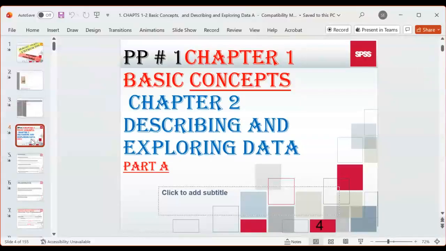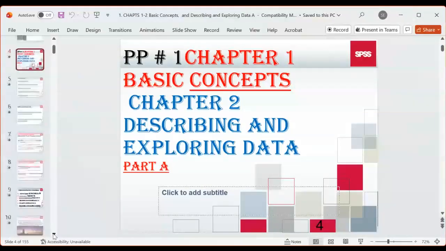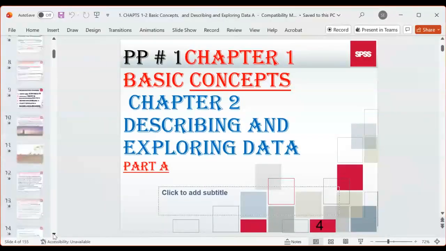Chapter 1 is about basic concepts, and chapter 2 is about describing and exploring data. Data are numeric information. Working with numbers, that's what it is.